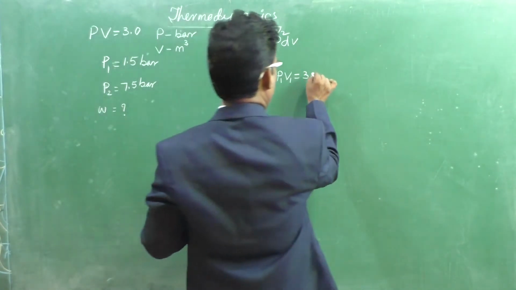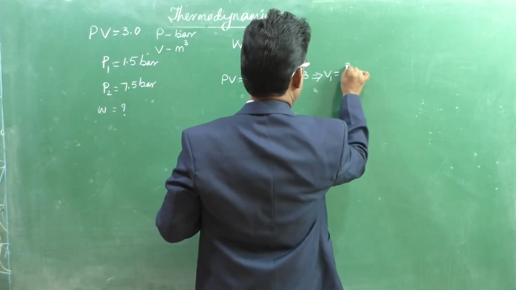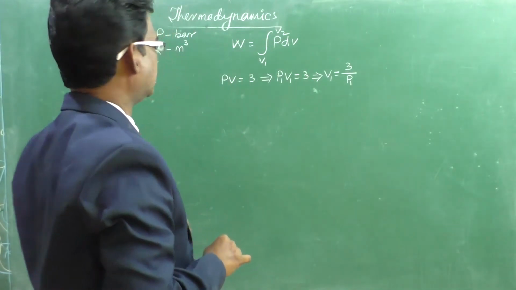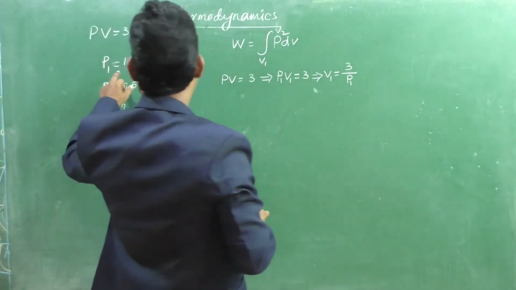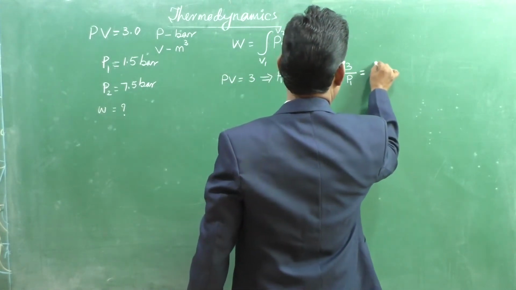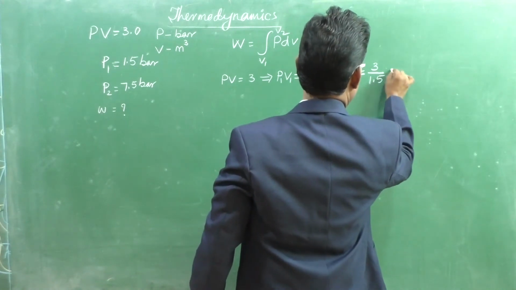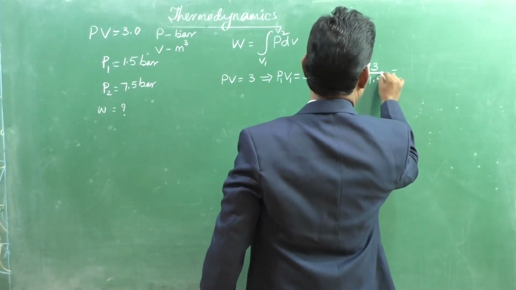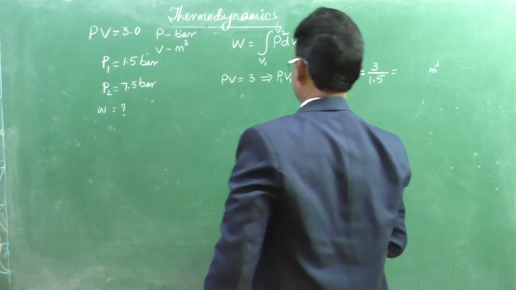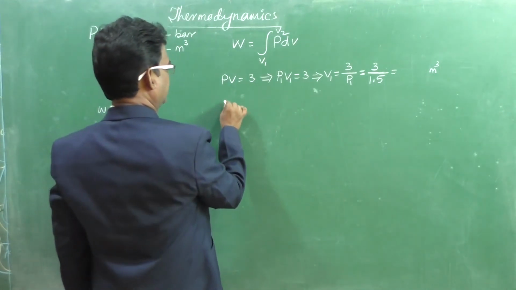That implies V1 is equal to 3 by P1, that is 3 by 1.5 bar. This is volume, and it will give the answer in meter cube. Next, consider the second one.